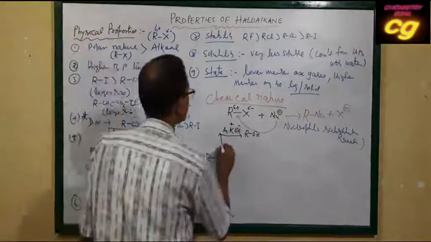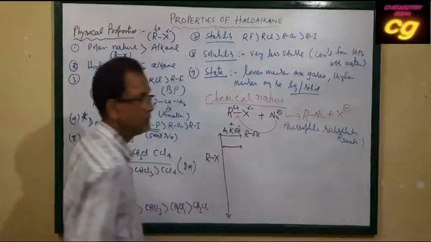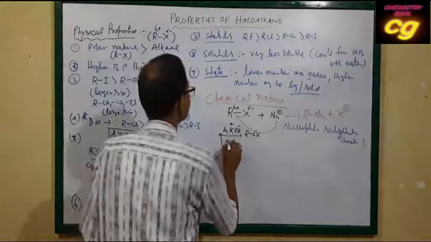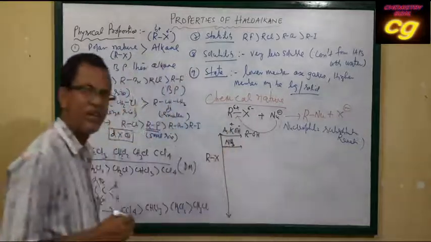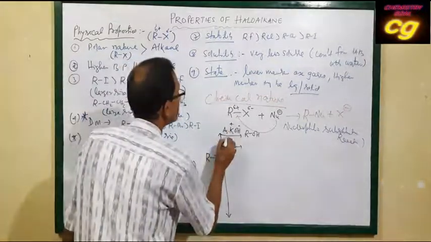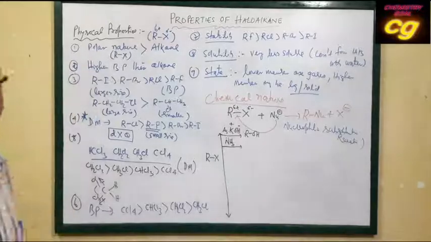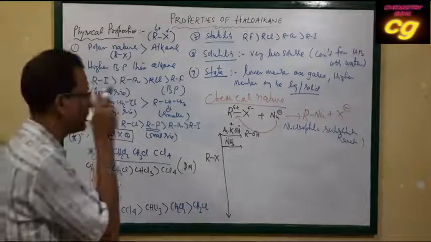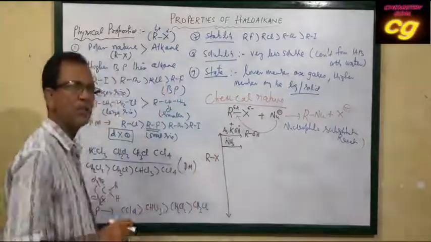Similarly, if you add ammonia here, ammonia also carries a lone pair. Nucleophile means electron rich, either carrying a negative charge or a lone pair like this. So here ammonia can be substituted in RX.